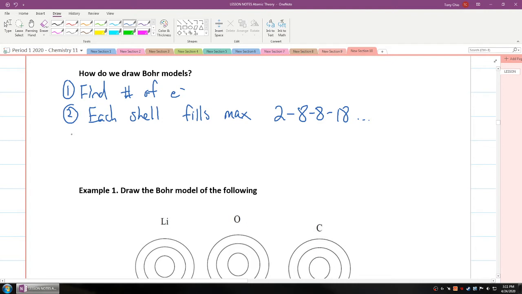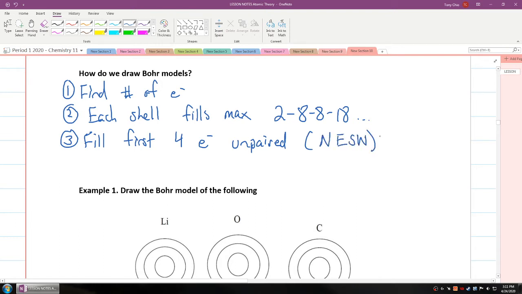The third thing is to fill the first 4 electrons unpaired. What that means is you want to fill the first 4 electrons in a north, east, south, west pattern before they pair. It comes down to electrons having the same charge, so they don't want to be near each other until they have to.